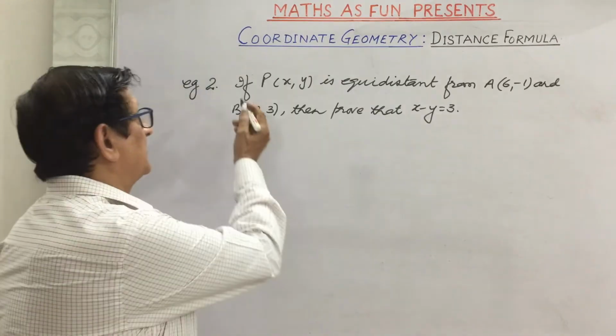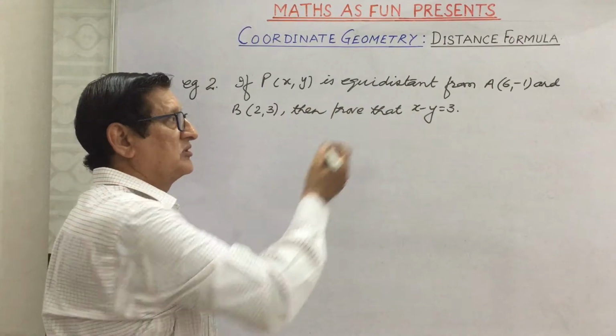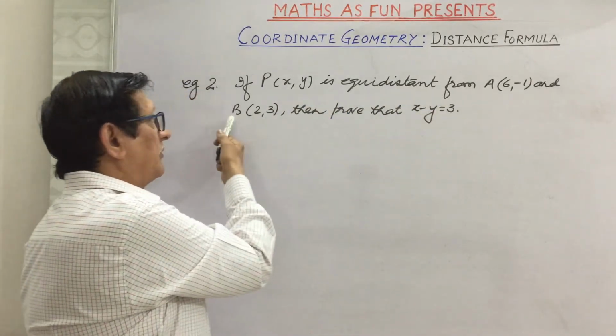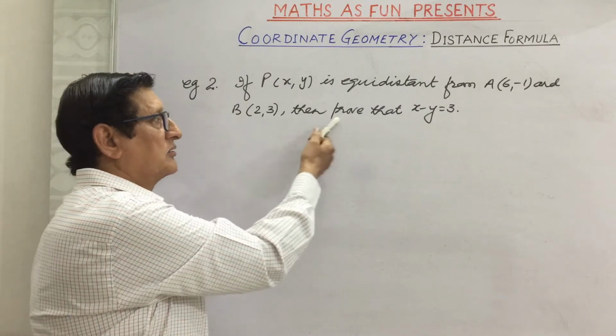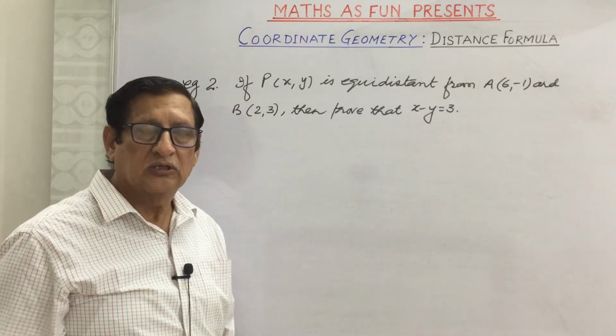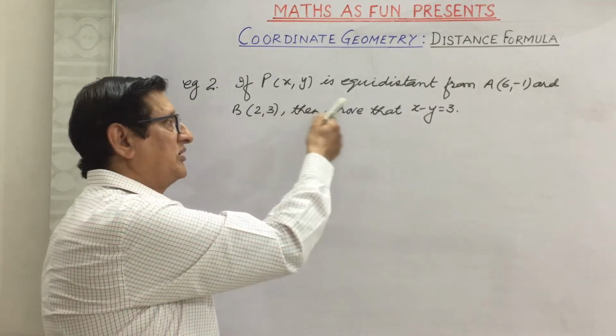The next example is: if P(x, y) is equidistant from the points A(6, -1) and B(2, 3), then prove that x minus y equal to 3. Sometimes the same question can be asked to you as: find a relation between x and y.